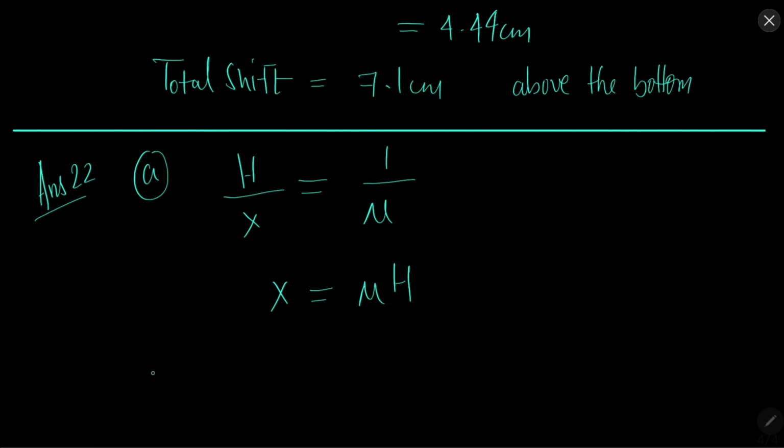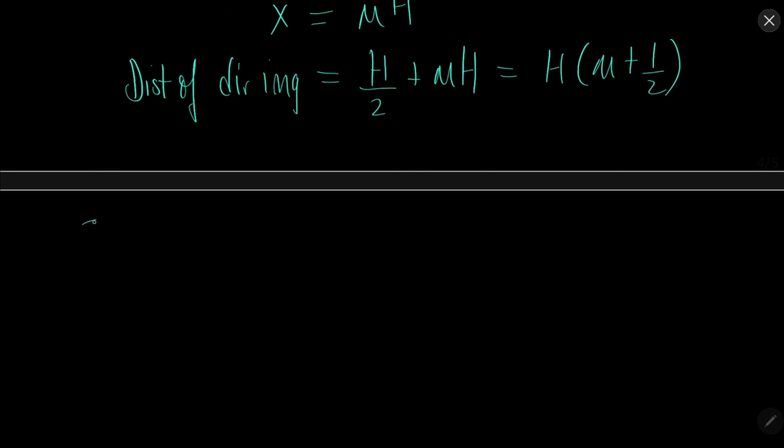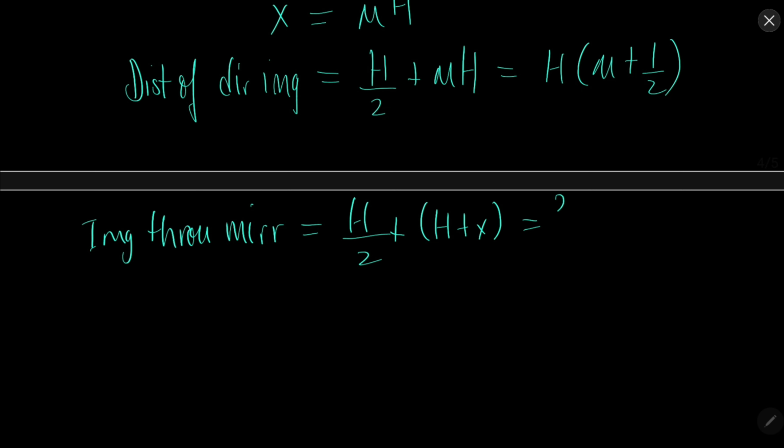Now the distance of the direct image will be h by 2 plus mu h, that is mu plus half, and similarly the image through the mirror, h by 2 plus h plus x, 3h by 2 plus mu h, mu plus 3 by 2.